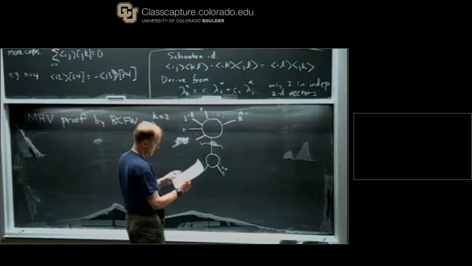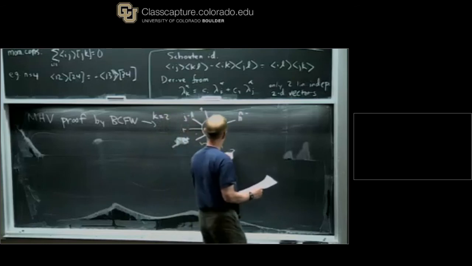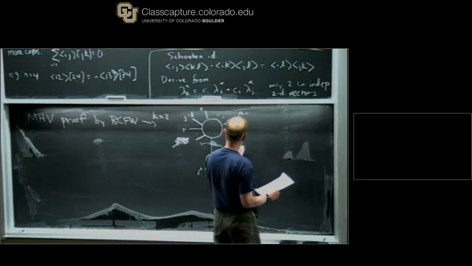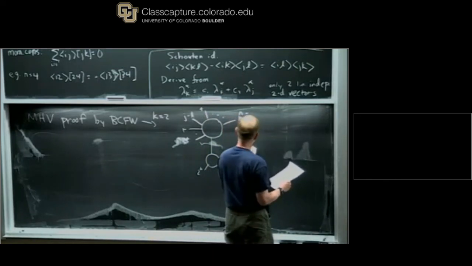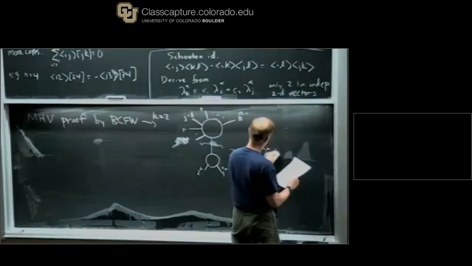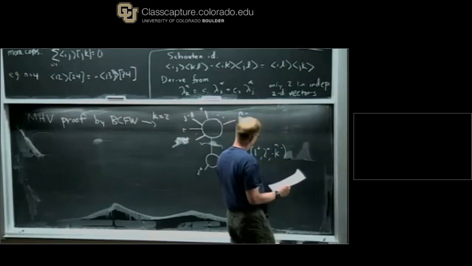We need to know what the formula is for this blob down below. So this is A3 of 1 plus, 2 plus, minus k hat minus. And I wrote down that 3-point formula for you.